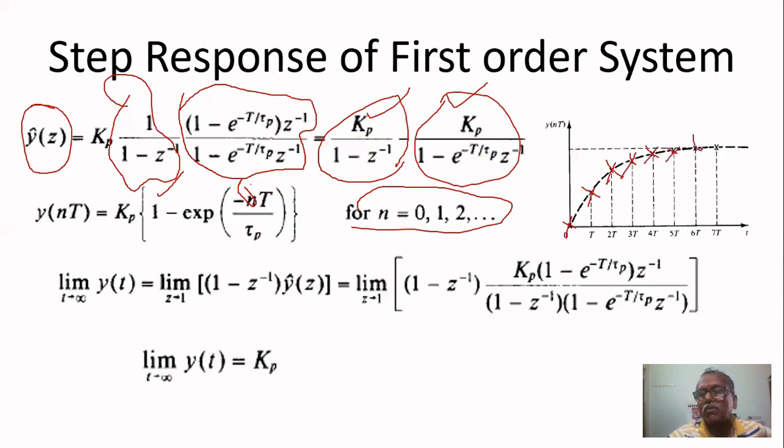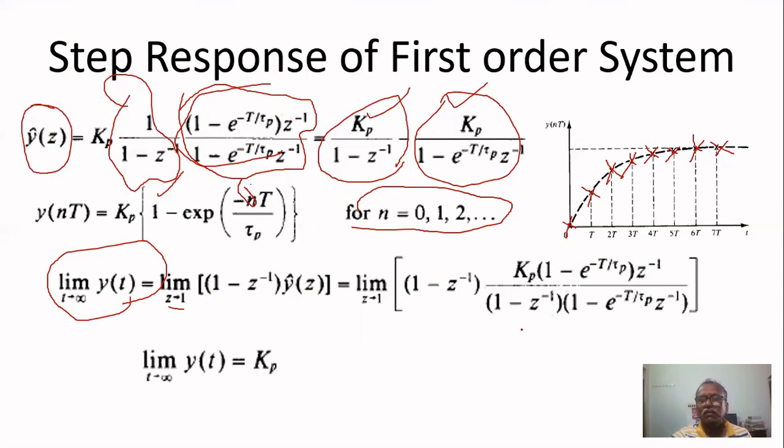In the discrete domain, you will get the sample values only. We got the sample values. What is the final value? For that, we can apply the final value theorem. As t tends to infinity, y of t equals the limit as z tends to 1 of 1 minus z power minus 1 into y of z. Y of z, what did we get? This is y of z. You put 1 minus z power minus 1 and multiply.